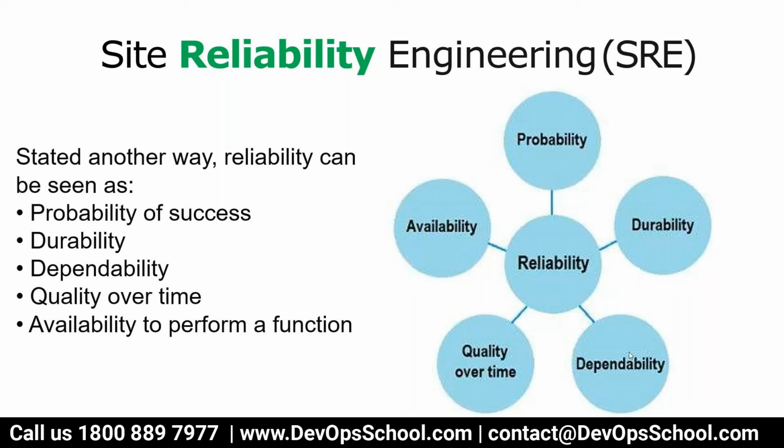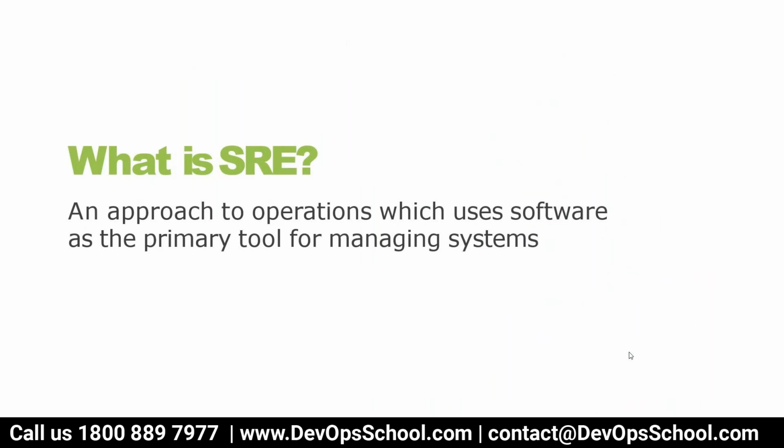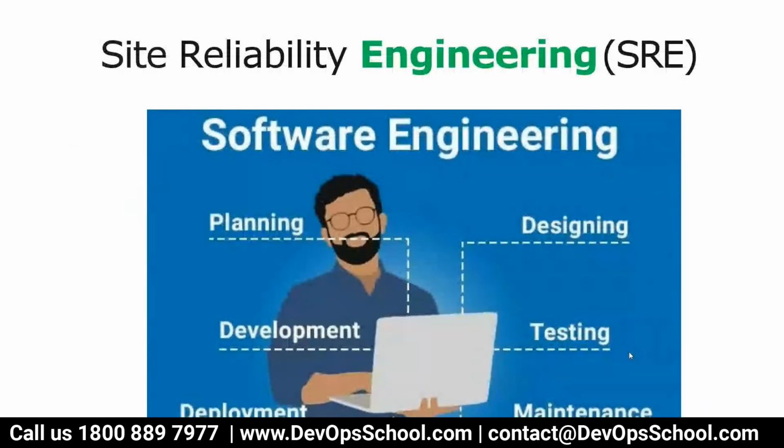Your job is to make your site, your application, your website reliable. But the question is how? How can we do that? That is where you are going to bring an engineering approach. If you remember, yesterday I was discussing the engineering approach, that means there'll be one team called the DevOps team, and they'll be doing all sorts of work.